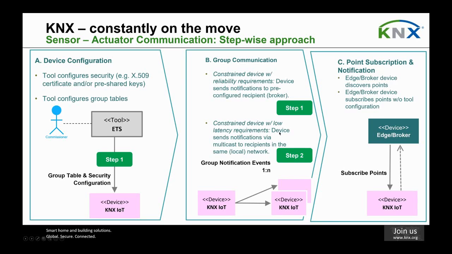So the devices would then send notifications via multicast to recipients in the same local network. So this is the first step. This is the second step. And the Point API would also allow to subscribe and notify. So an edge device or a broker could subscribe and be notified about changes on the data of the KNX IoT device.